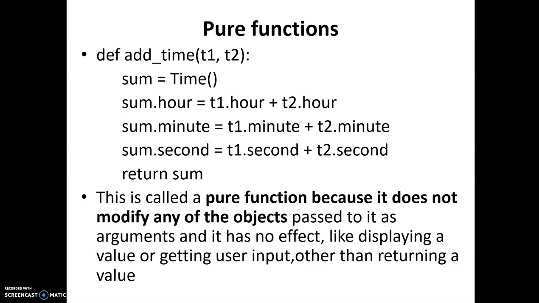This is called a pure function because it does not modify any of the objects passed to it as arguments, and it has no effect like displaying a value or getting user input other than returning a value. So no effect on the original values. Instead, a new variable is taken to store the modified values. Such functions are said to be pure functions.